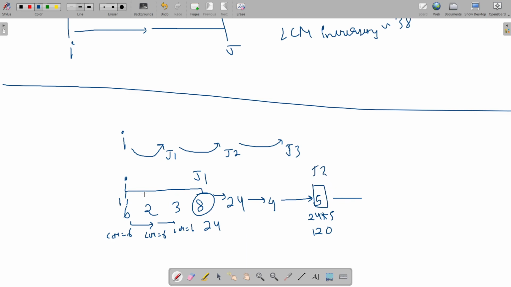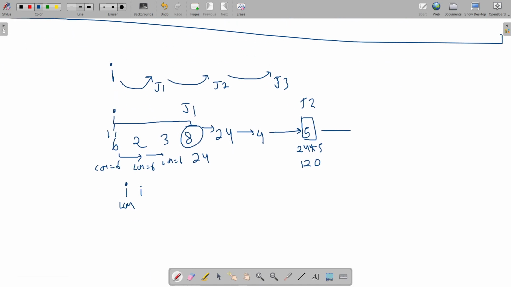So basically, currently we're at I. There is some LCM here. Then at I plus 1, maybe the LCM remains the same. At I plus 2, maybe the LCM remains the same. The new numbers which are being added do not contribute any new extra power than what was already there.